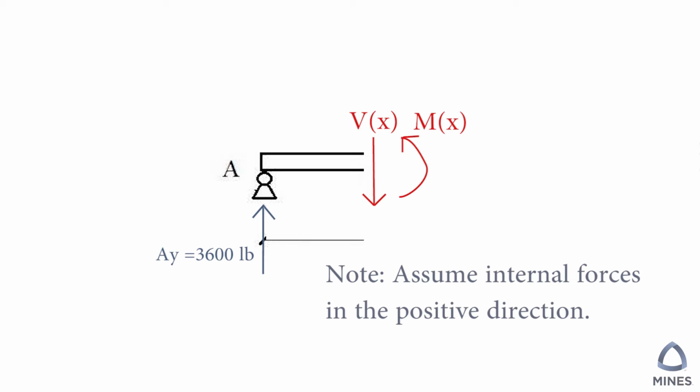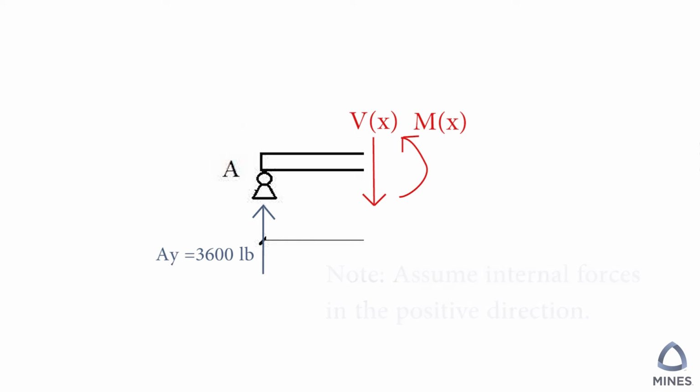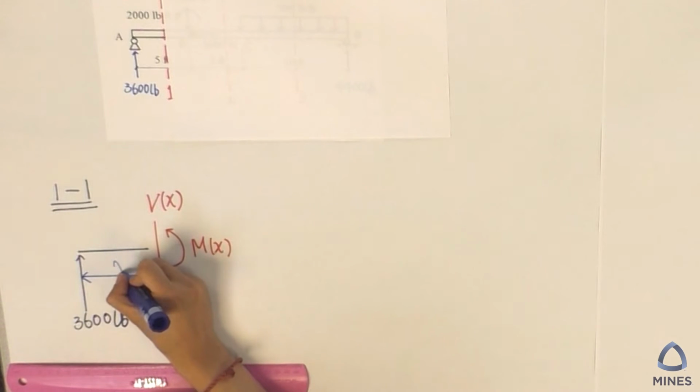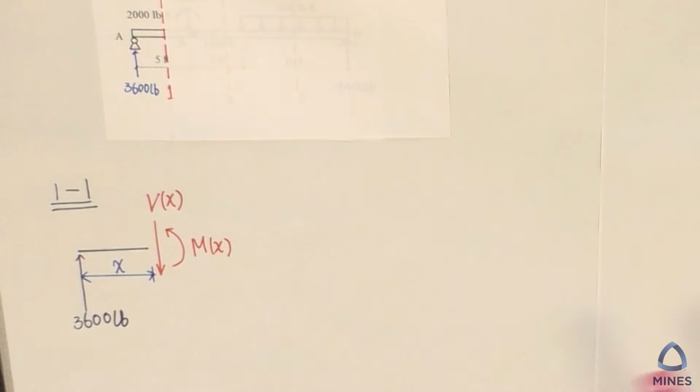For this problem, since there's no horizontal force, I'm not going to draw the normal force. After we include all the forces, the next thing we have to show is the geometry. Always remember, the distance from the start to your cutting location is called the cutting location X. Now let's take a look.